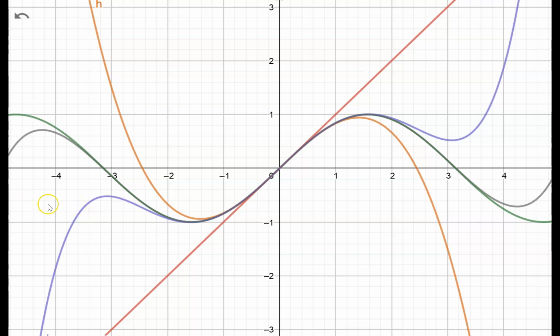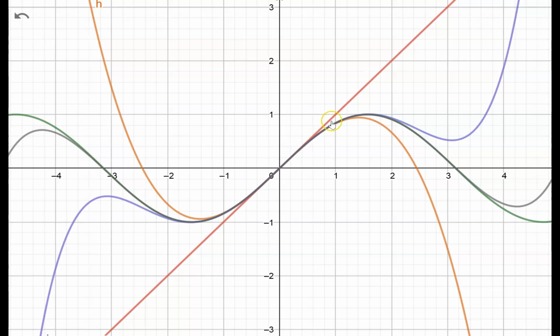And finally this gray one is x minus x^3/3! plus x^5/5! minus x^7/7! plus x^9/9!.